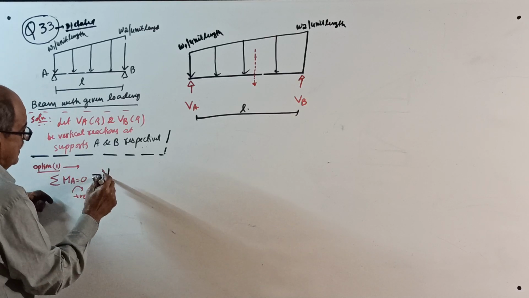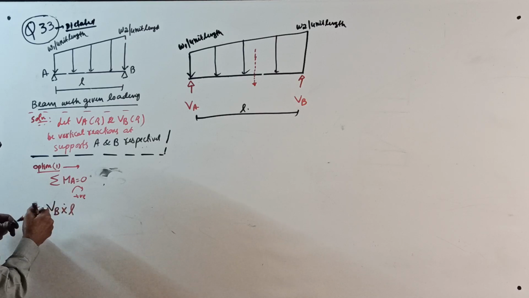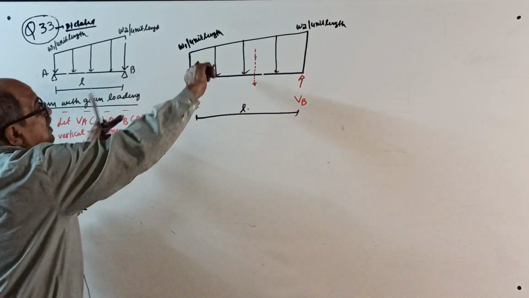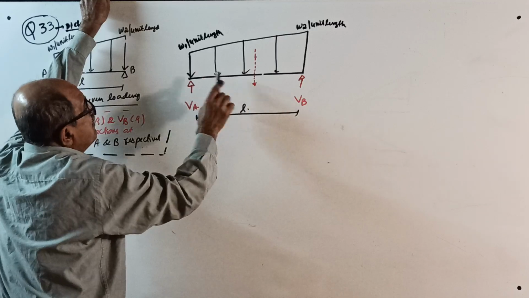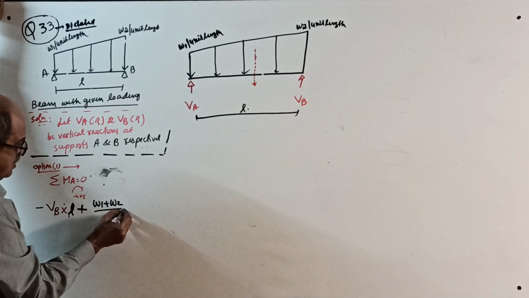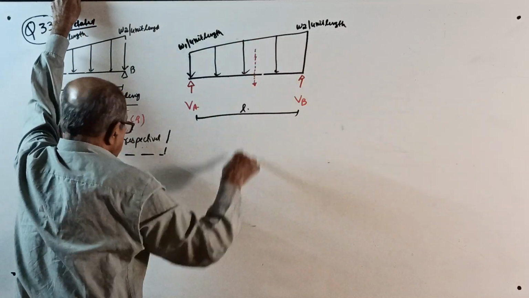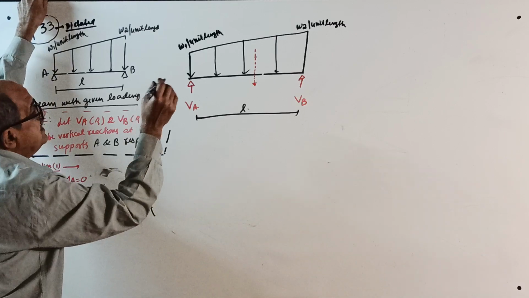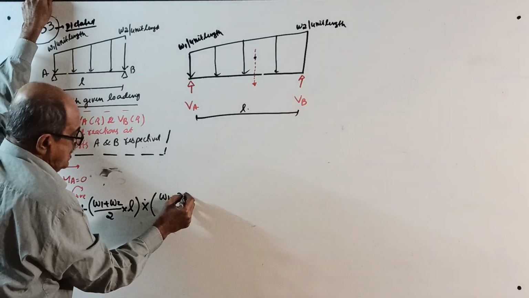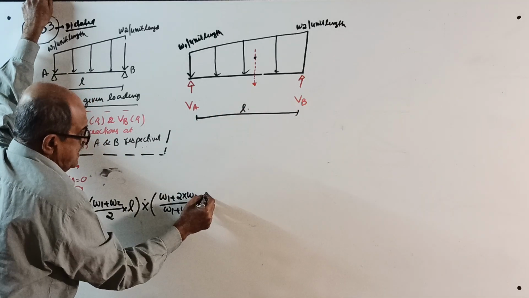Minus VB into L, then plus, clockwise, the total load, which is given by the area of the trapezium: sum of the two parallel sides divided by 2 multiplied by distance between the parallel sides, W1 plus W2 divided by 2 into L, is the total load, multiplied by the distance of the centroid of that load diagram from here: W1 plus twice of W2 divided by W1 plus W2, into the distance between the parallel sides divided by 3.